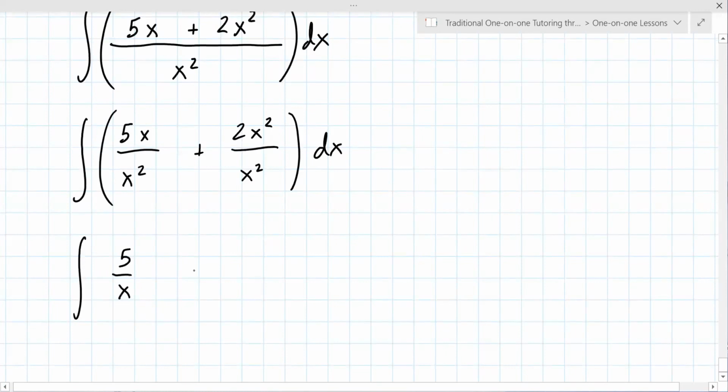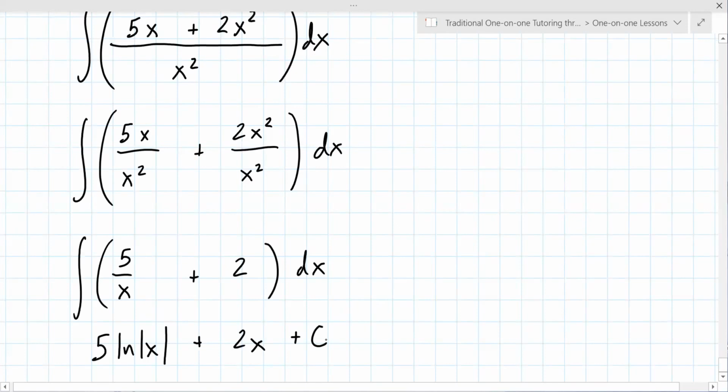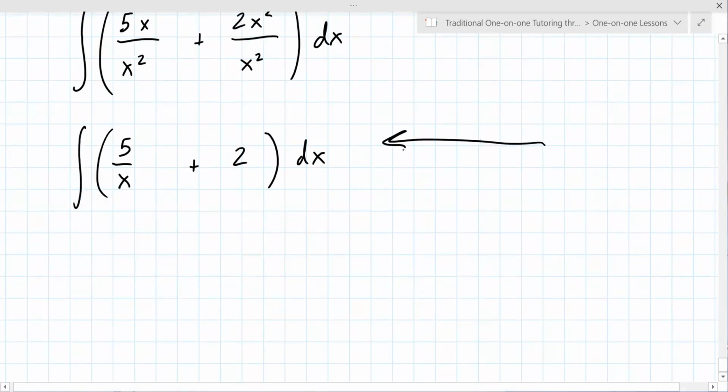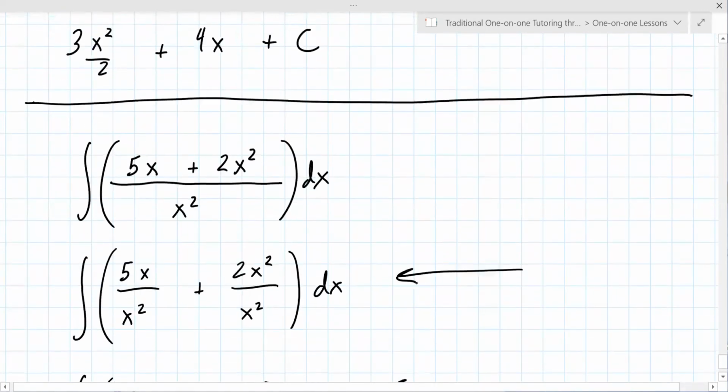Okay, all right. Do you have your final answer? It's gonna be 5x to the power of 2. Well, no, it's 1 over x, right? Okay, so did you get to this line right here? No, did you get to this line right here?